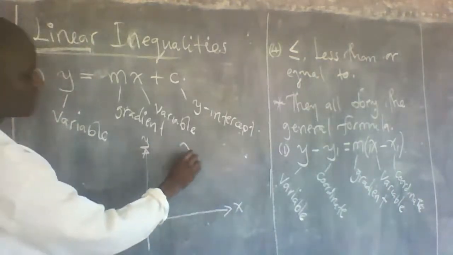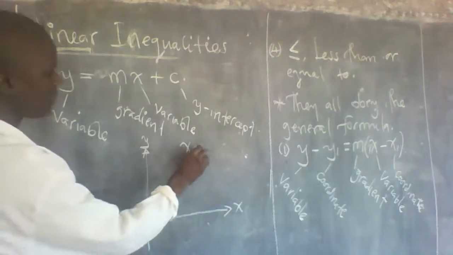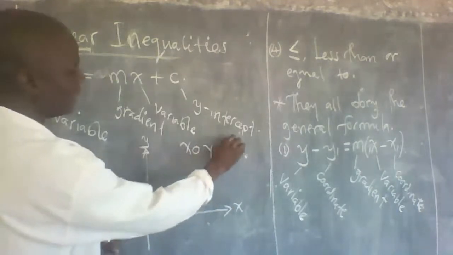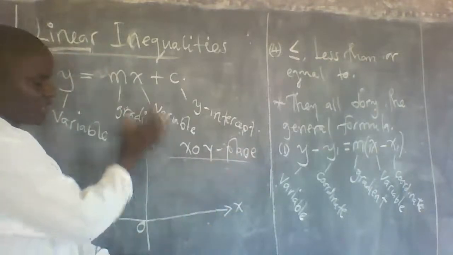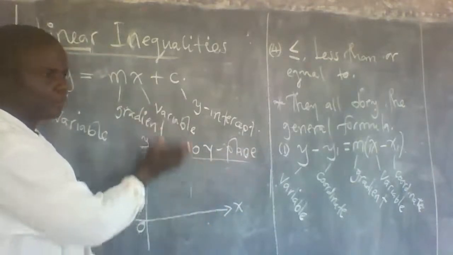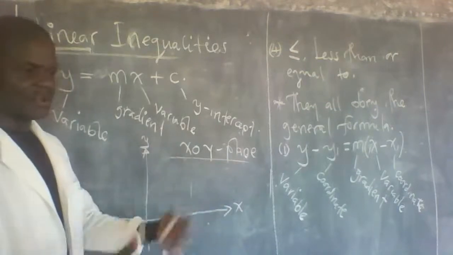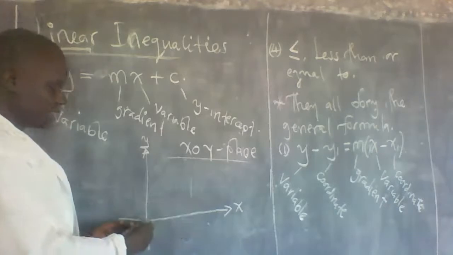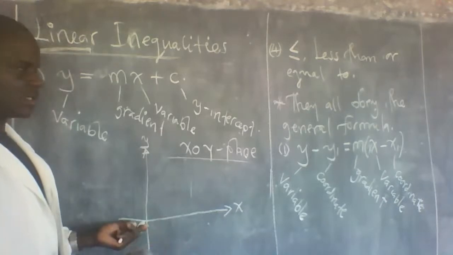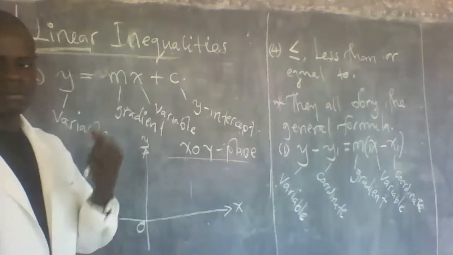That's why it's called an x or y plane. Why is it a plane? Because this is plotted on a flat sheet of paper, in 2 dimensions, if I'm to put it that way, y as well as x. There isn't any other dimension pointing towards us. It's flat, so I'm using the word plane.